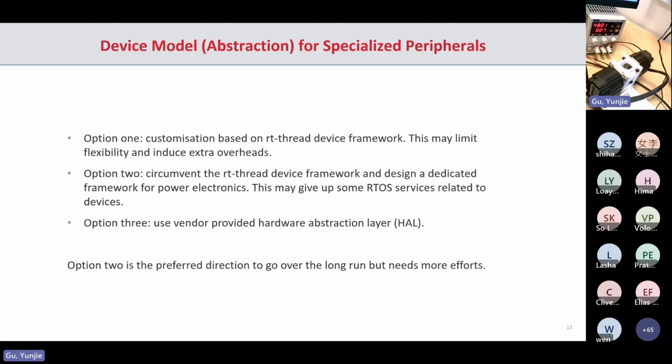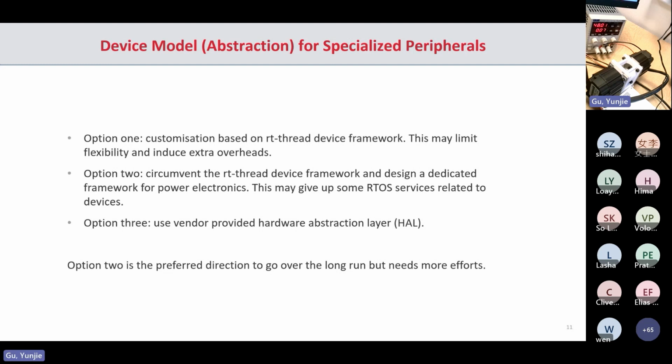So for these kinds of devices, how do you define device models that are a good abstraction of the device, so people do not have to consider too much about the hardware details and can use some high-level APIs to control these devices? We need some sort of abstraction or model, and the question is how we do that.